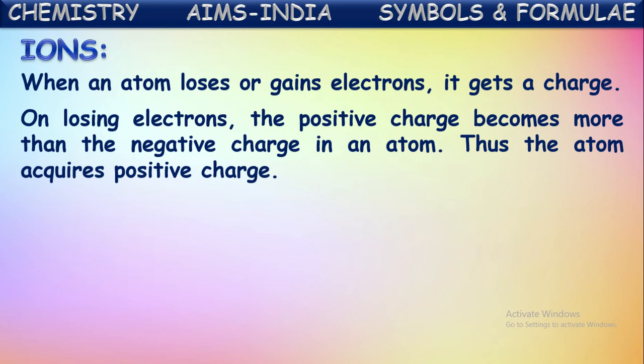Why? Because in a neutral atom, the number of electrons and protons is equal. For example, if we take hydrogen, it has one electron and one proton. The charges of electron and proton are equal in quantity but opposite. Electron has negative charge, proton has positive charge.